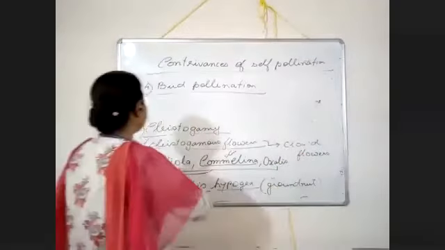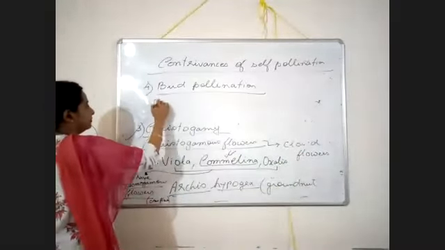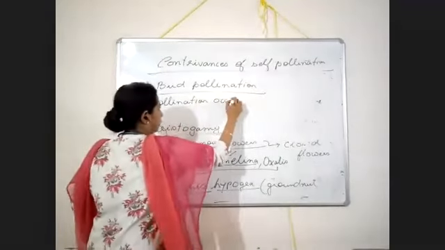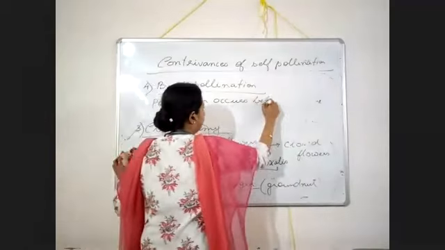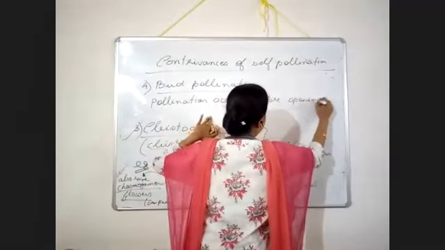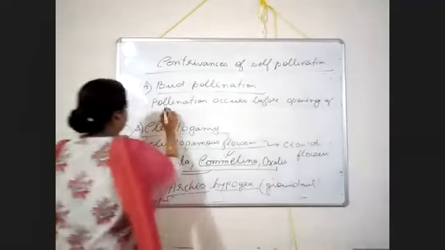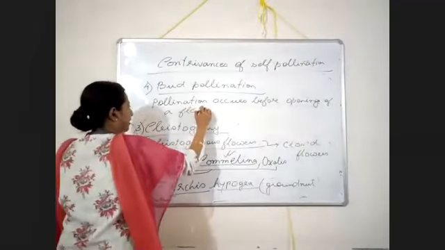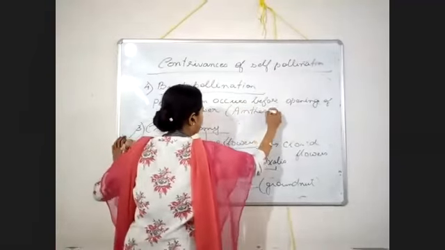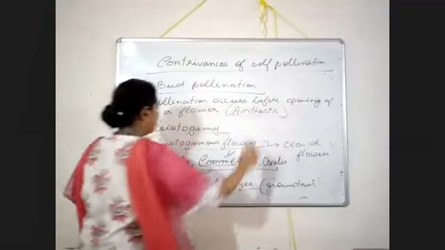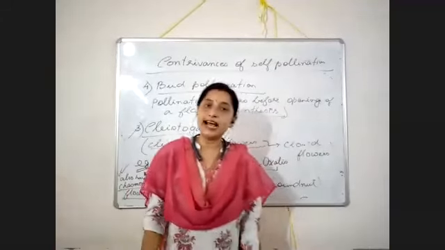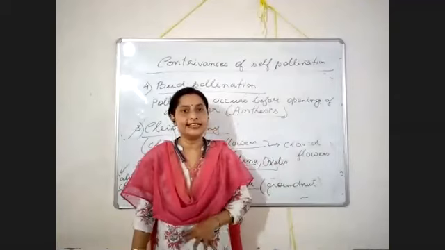So pollination occurs before the opening of a flower, and this process is called bud pollination, right? So ultimately we have discussed certain factors that help in self pollination in plants.